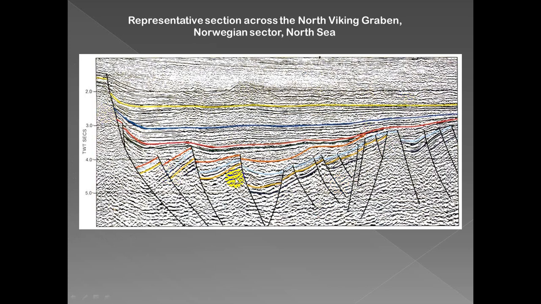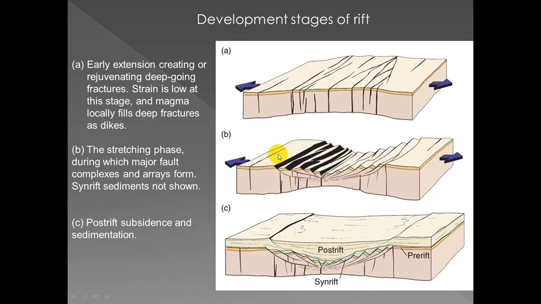Here in this section we can divide the sediments of the rift into three sequences. This in orange is the pre-rift sequence, this in green is the syn-rift which developed during the rift extension, and this one in white is the post-rift sequence. So we have three sediment sequences.